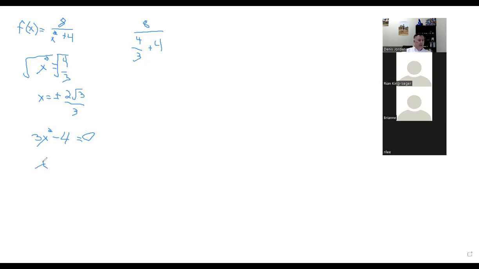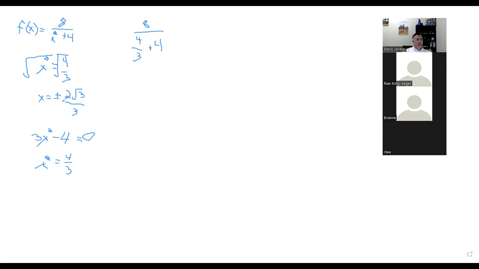Oh, x squared equals 4/3. Yes, and then you square root both sides. That's how you got your final values for x, plus and minus 2 root 3 over 3. So all you're doing is going backwards, because you plug it in for that x that's being squared.